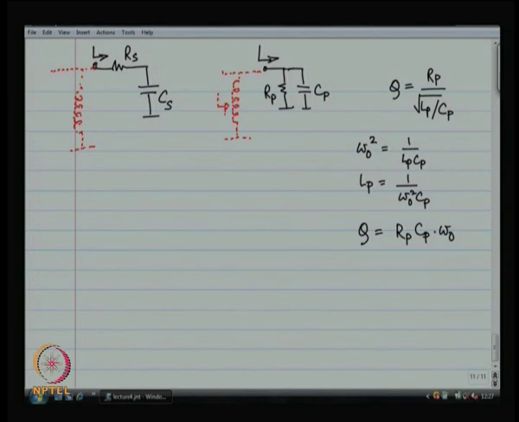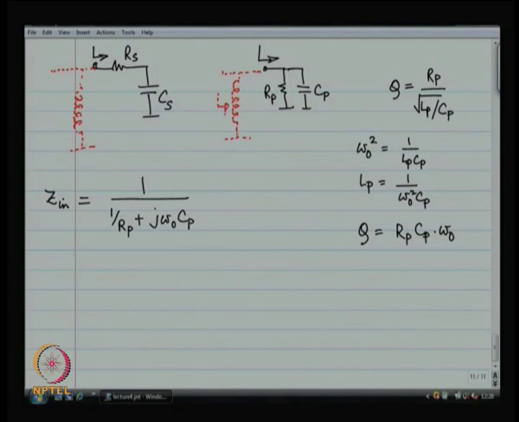Okay. So, Q is RP times omega naught times Cp, that is the quality factor of my parallel R and C combination. So, Z in is equal to 1 by (1 by RP plus j omega naught Cp).